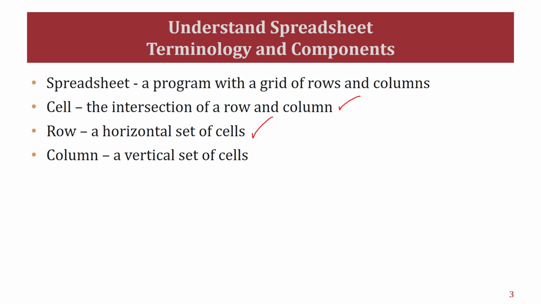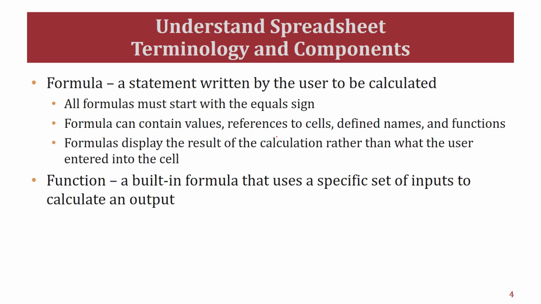It goes from left to right. A column is a vertical set of cells that go from top to bottom. So when you have the intersection of left to right and top to bottom, that's one unique location, which we call a cell. And so it's a very robust platform for organization, for data manipulation, and for all the things that we'll be doing here in this course.